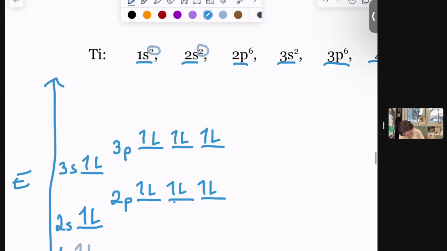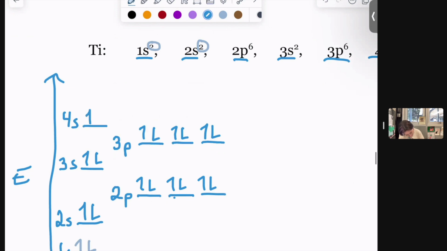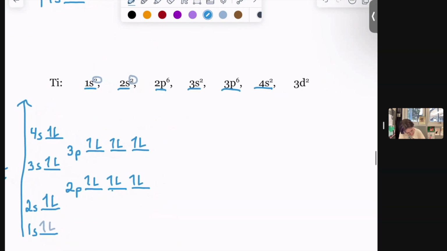4s, a little bit more energy. It's an s, so I'm putting it on my left side. 2 electrons, 1, 2. And this is where it gets a little bit more tricky when you're dealing with the d orbitals. If you're in honors, don't stress about this too much. Again, if you don't align these the way that I'm doing it, I don't care that much, as long as you show your up and down spin correctly and that there's the right amount of electrons in each spot, that's fine.